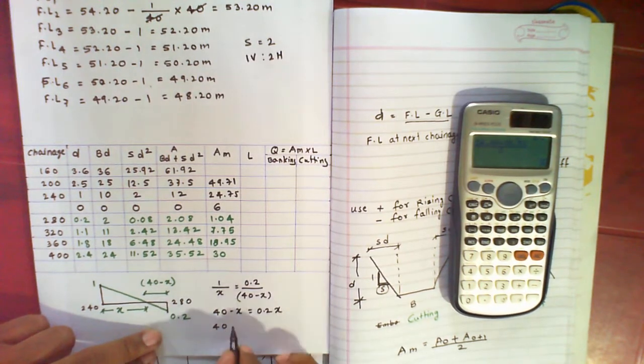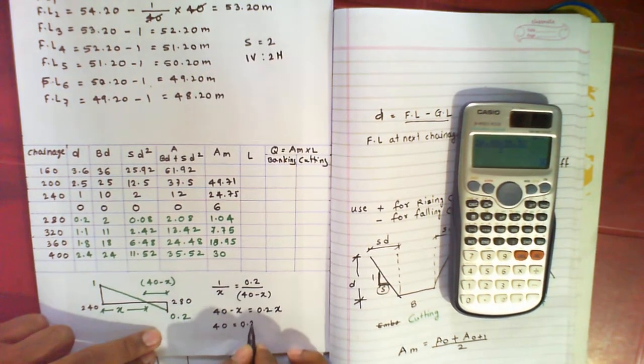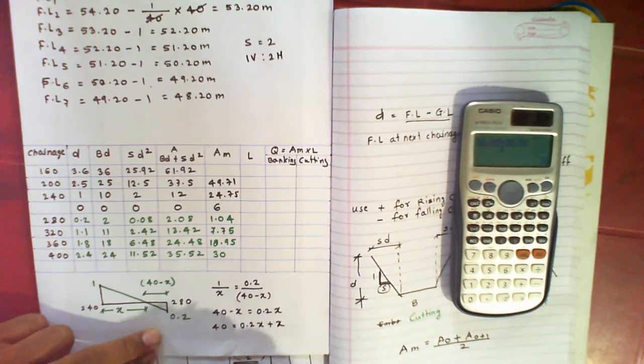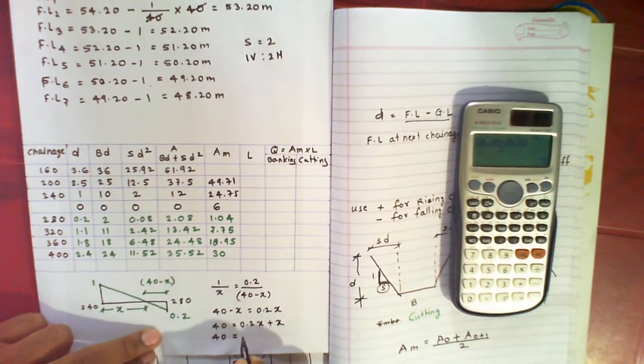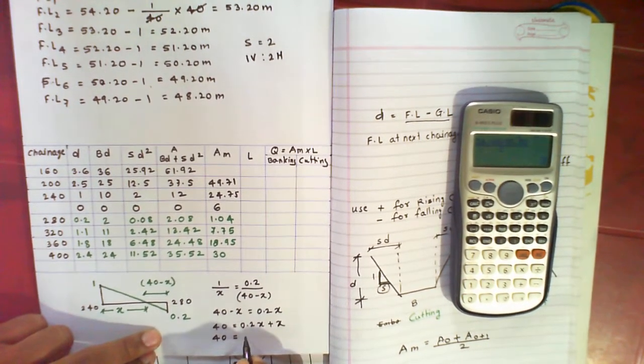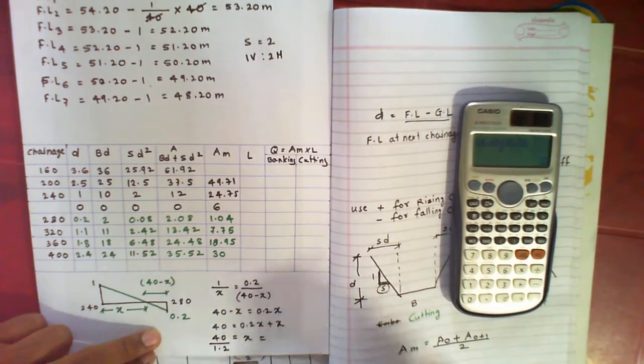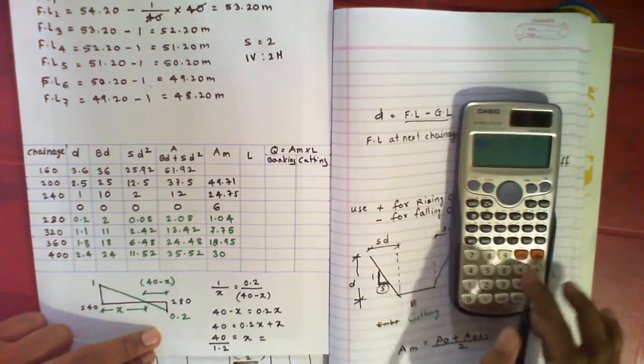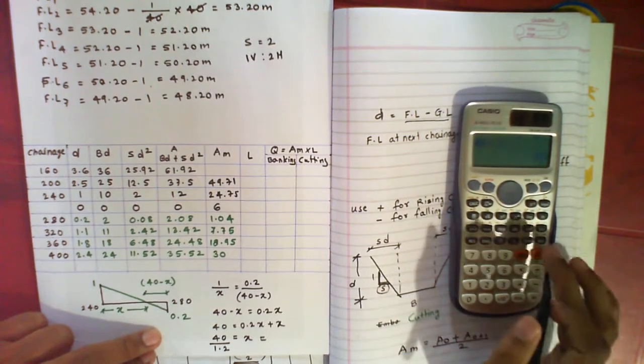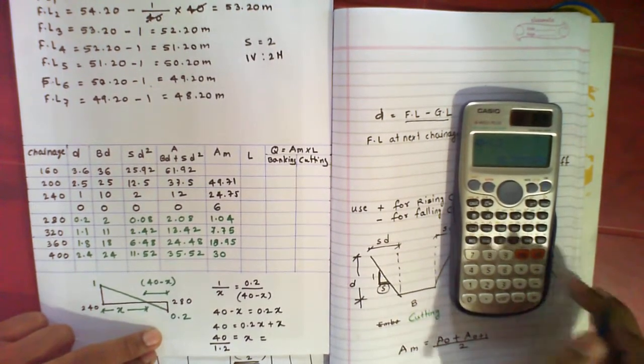So now solving this, that is 40 minus x is equal to 0.2x, then 40 is equal to 0.2x plus x. So 40 divided by 0.2 plus 1, that is 1.2, you will get x as 40 divided by 1.2, and the answer is 33.33.